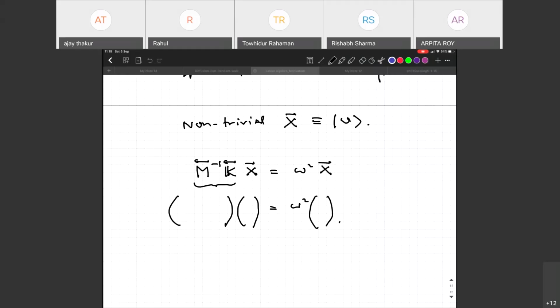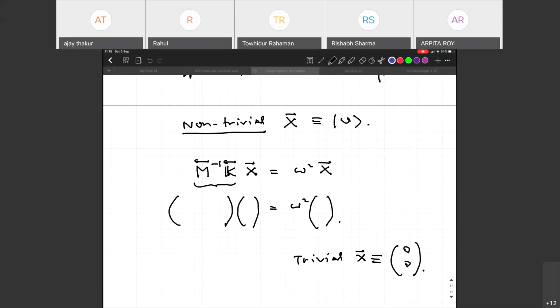Okay, so when we say non-trivial, we have to understand what is trivial x. The trivial x in this case would be 0, 0. So any solution like 0, 0 will satisfy any complicated equation, like much more complicated M inverse k also, right?